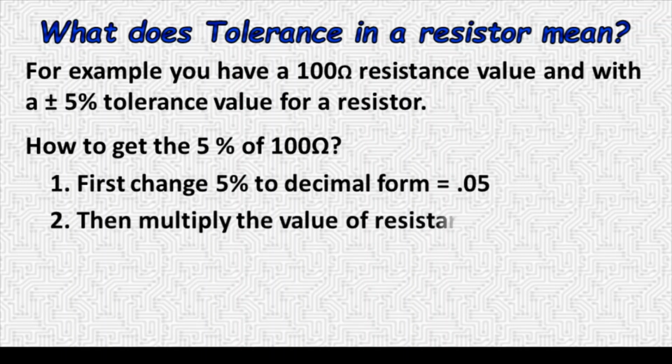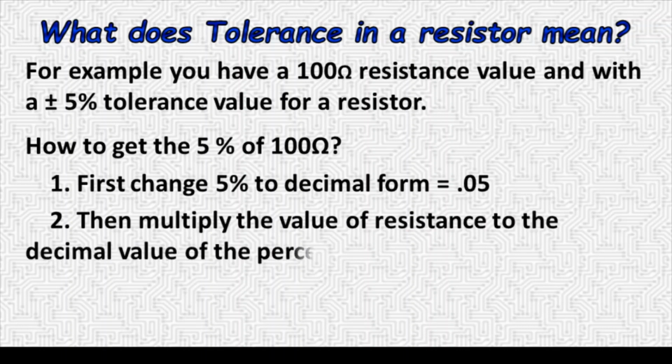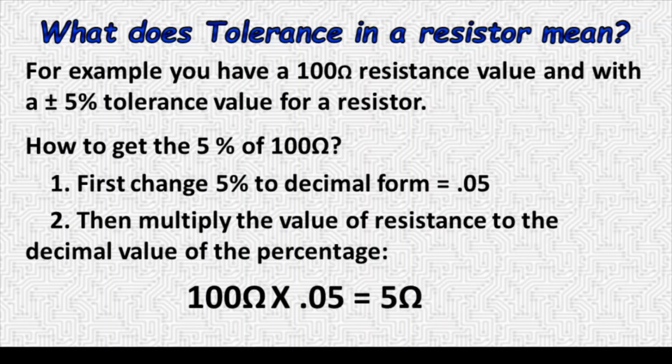Pangalawa, multiply the value of resistance to the decimal value of the percentage, which is 5.05 ohms. No? So, paano yun? 100 ohms, yung ating value ng resistance, times 0.05 is equivalent to 5. Or 5 ohms ang kanyang 5% value ng 100 ohms.